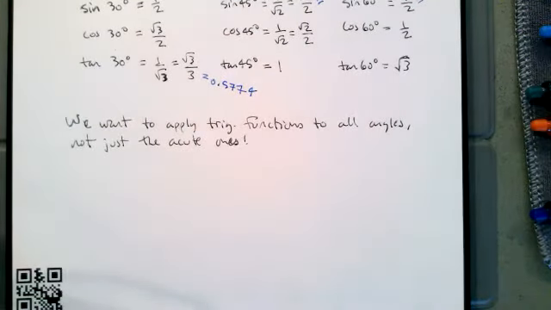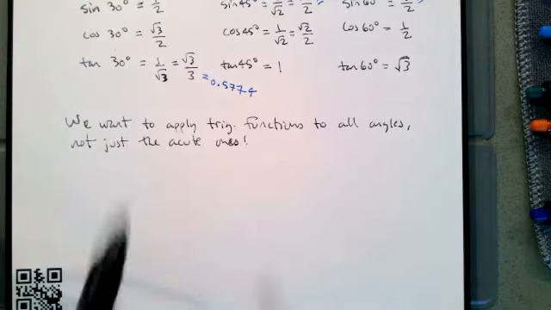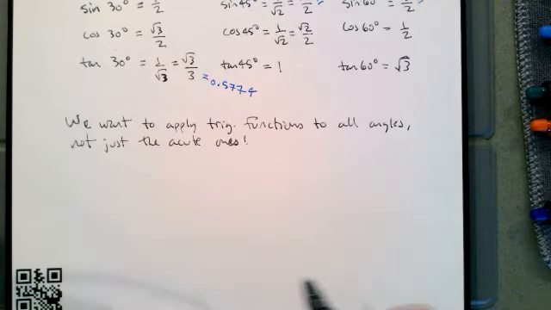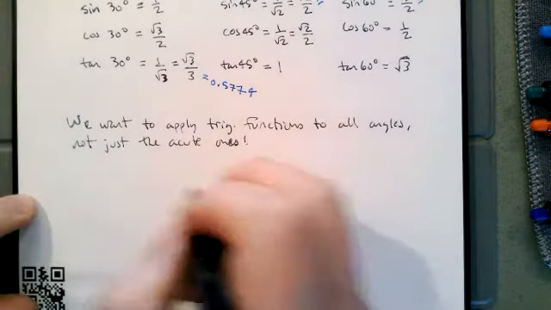So what we're going to do is look at the unit circle. We're going to look at the Cartesian plane, the rectangular coordinates, X and Y, and start reading these angles all the way around the unit circle. So let's look at the unit circle.